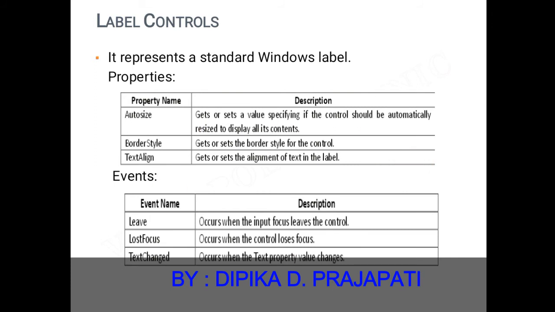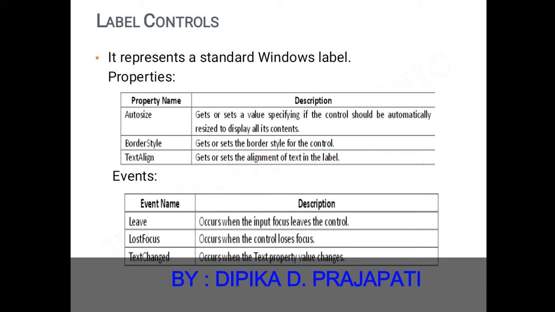The property names are AutoSize, BorderStyle and TextAlign. AutoSize gets or sets a value specifying if the control should be automatically resized to display all its contents. BorderStyle gets or sets the border style of the control. TextAlign gets or sets the alignment of text in the label.